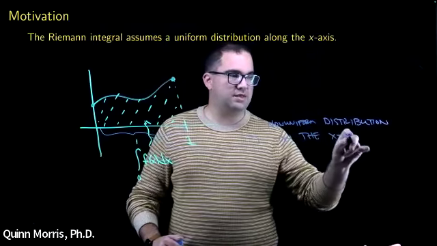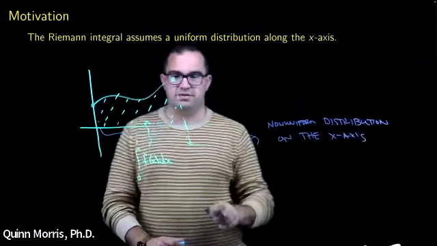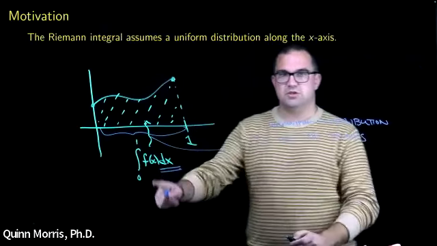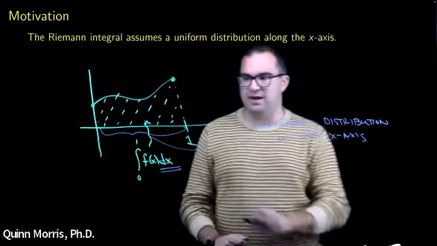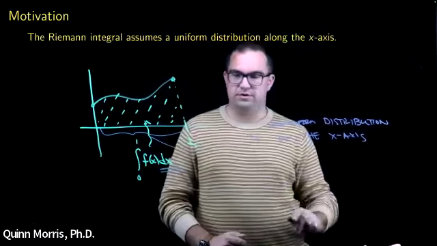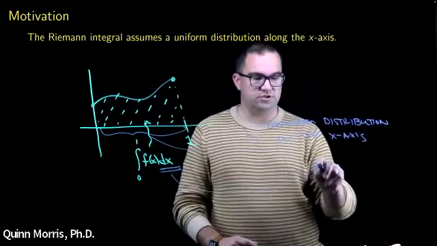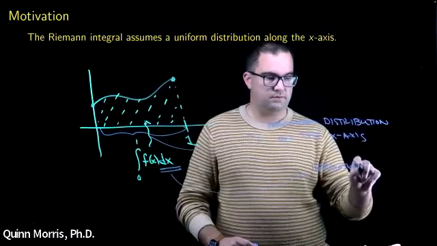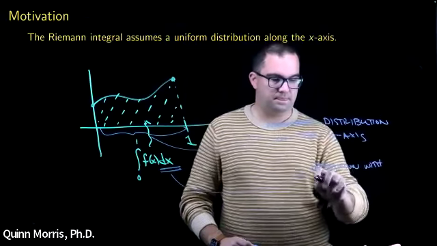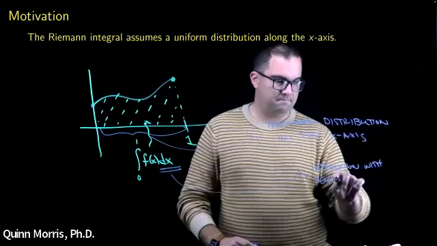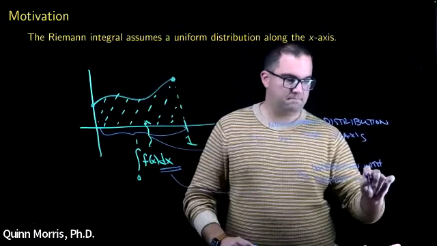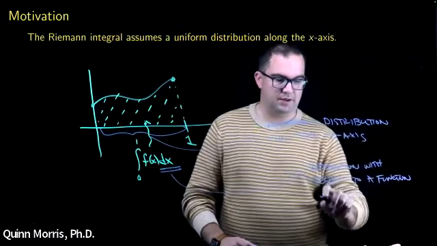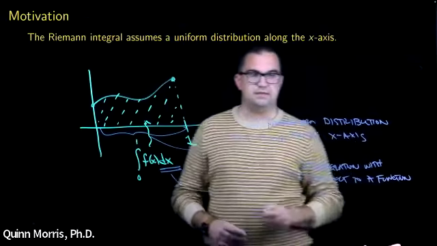Now, the way we're going to think about this is as changing what we're integrating with respect to. So instead of integrating with respect to x, we're going to think about integration with respect to a function. And we're going to call that function alpha in our particular case.